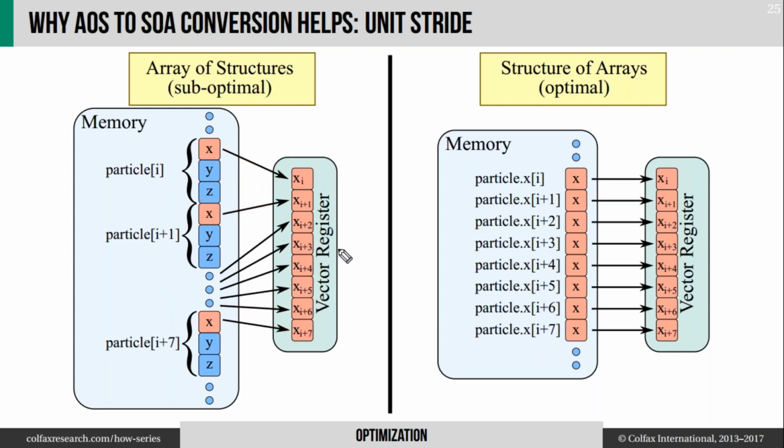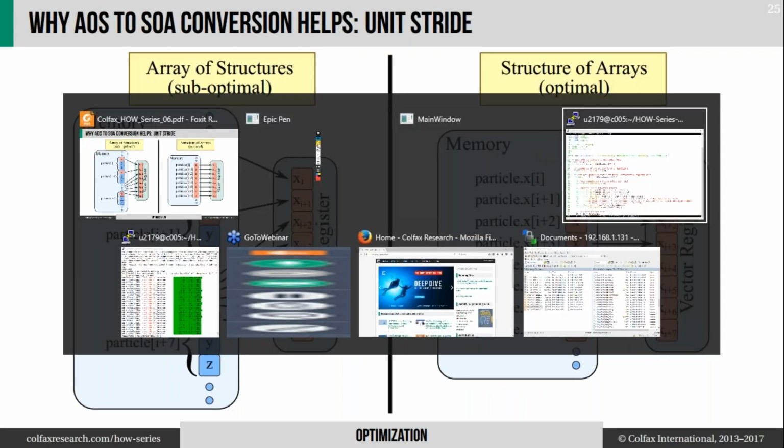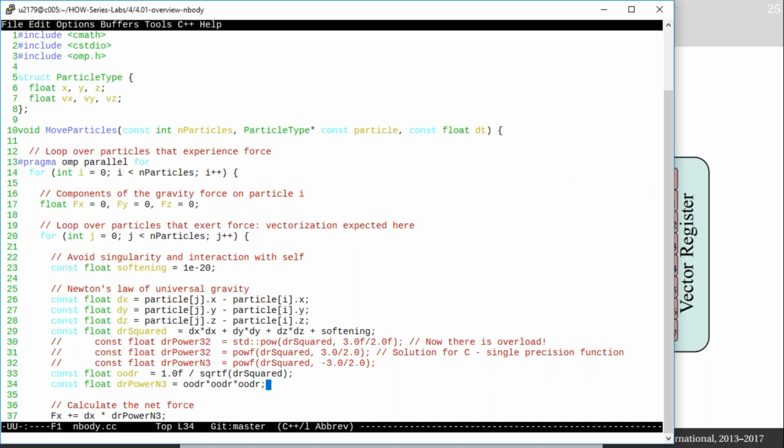If only I could transform my code into something like this, a structure of arrays, or just plain arrays, I would be doing unit stride loads, and this will be much more efficient. Now, the bad news is that it is not always trivial. There is a library called the Intel SDLT, I think it's SIMD Data Layout Template.